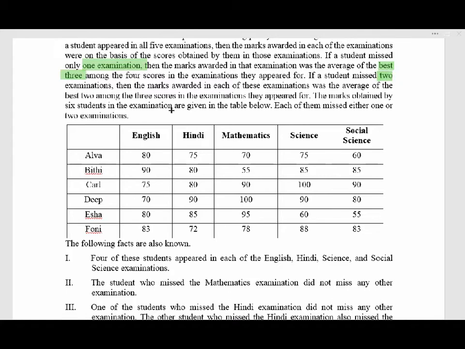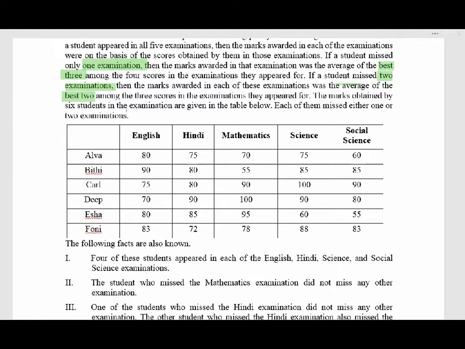Missing 2 exams, marks awarded for each exam was the average of the best of 2. Okay, so for 1 exam, average of best of 3. Missing 2 exams, marks is average of best of 2.